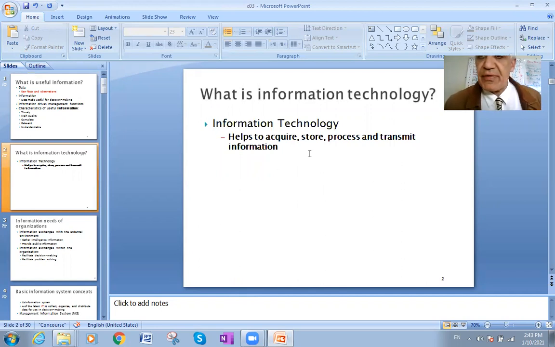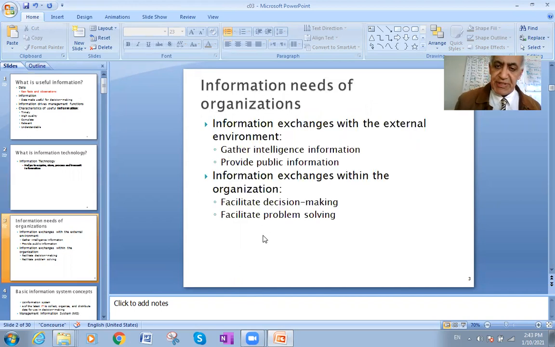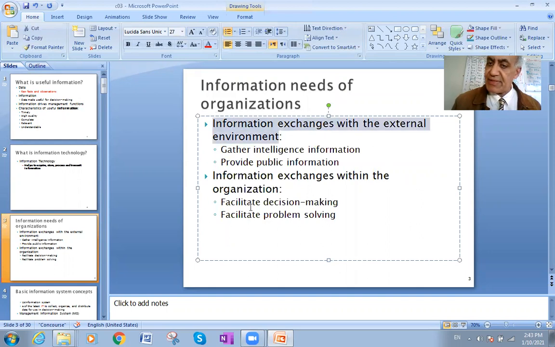We are living in the period of information technology, and this is the new aspect nowadays. It includes helping to acquire, process, and transmit information. The organization needs information for exchange with the external environment, and also information for the internal environment, within the organization itself, for example to facilitate decision making and problem solving.